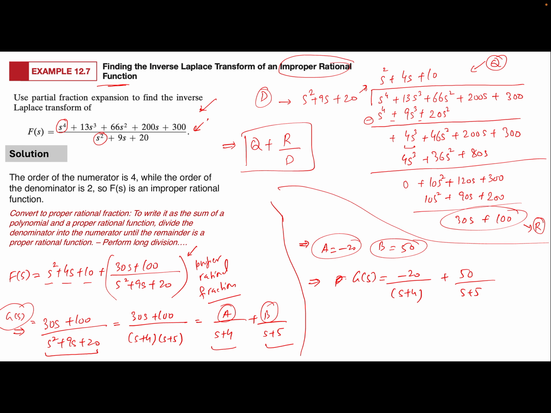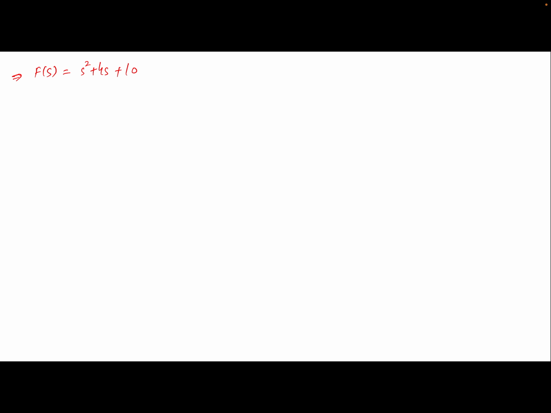Okay. So my final f of s was, again, s² + 4s + 10, these first three terms, and then g of s: minus 20 over s + 4 plus 50 over s + 5.